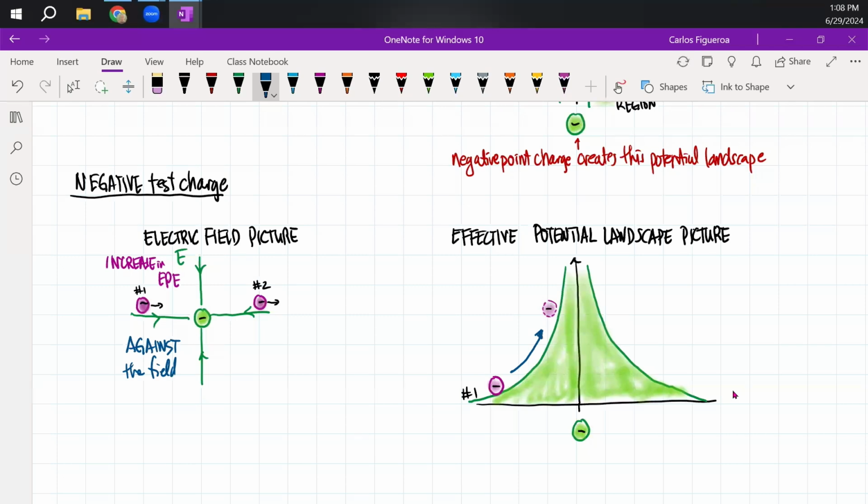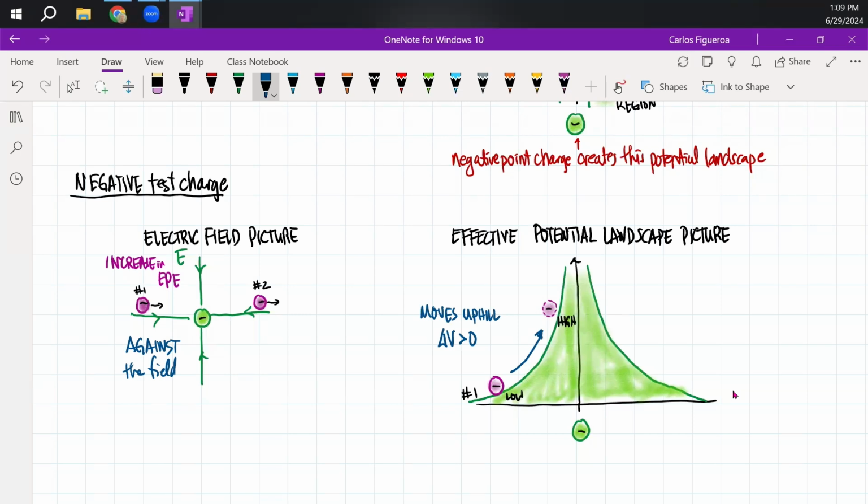As it goes up the hill, of course, it's going to be an increase because we are moving from a low to a high potential. So it moves uphill, which then says that the potential is positive.